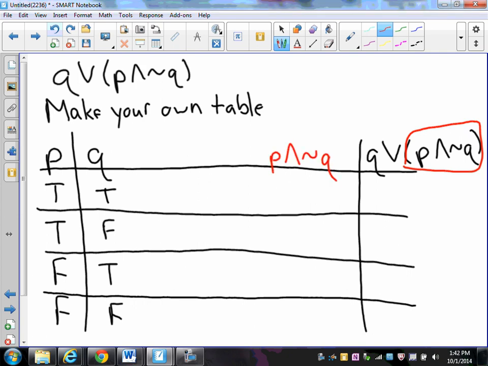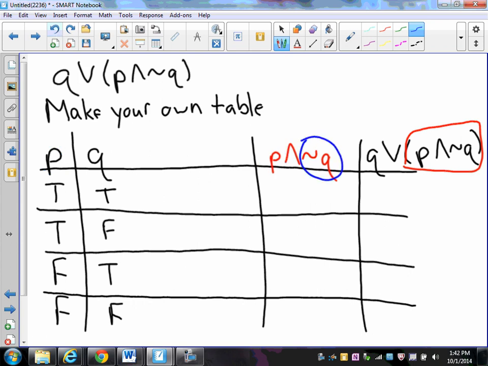So I need P and not Q. So again, I look at what I need to find P and not Q. I need to find P. I have it. And I need to find out what not Q is.